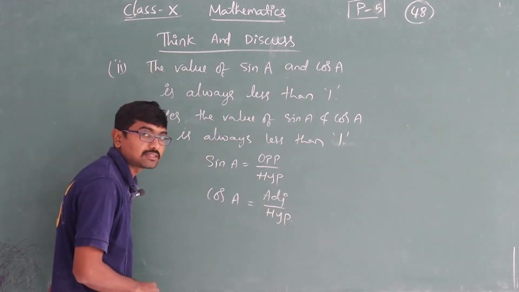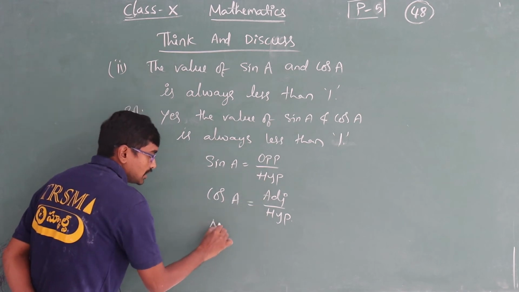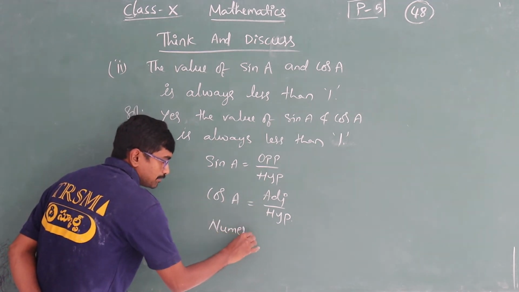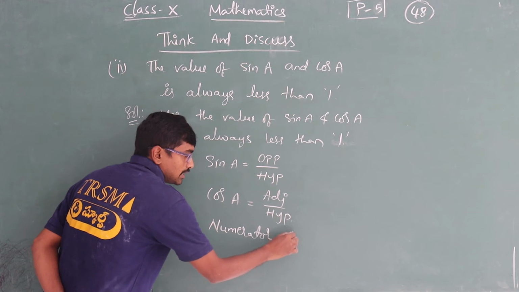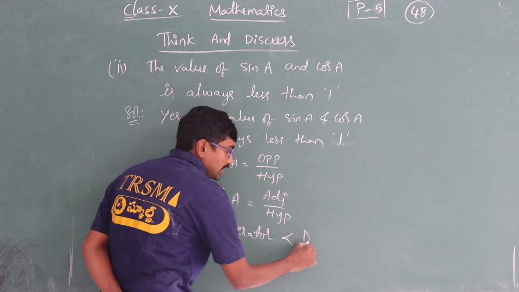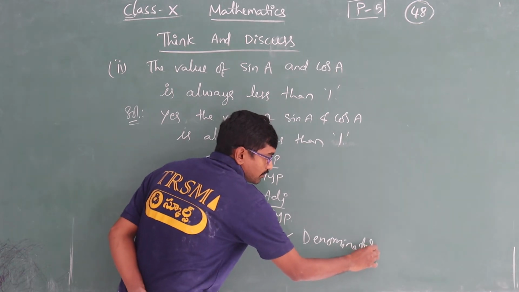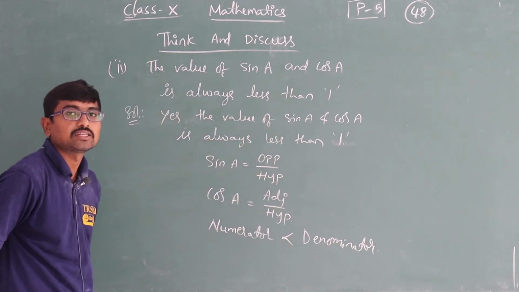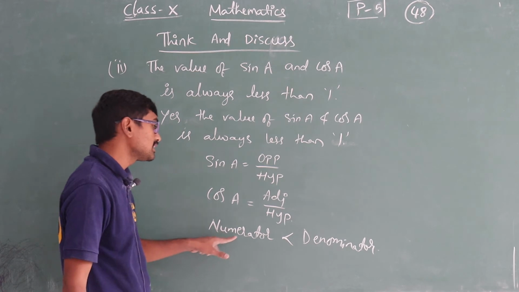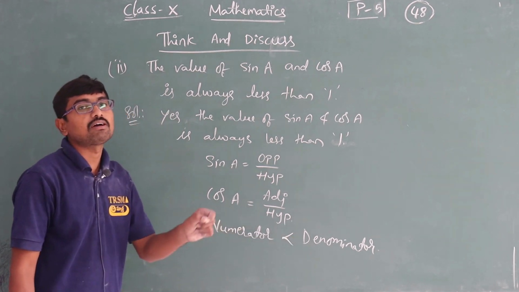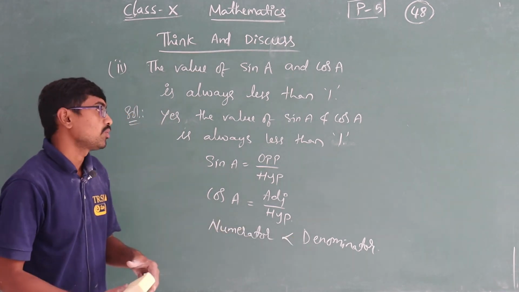In both the cases, the numerator is less than the denominator. As the numerator is less than the denominator, the values are always less than 1 only.